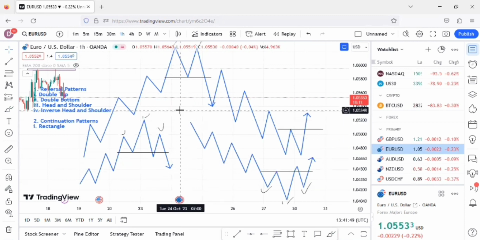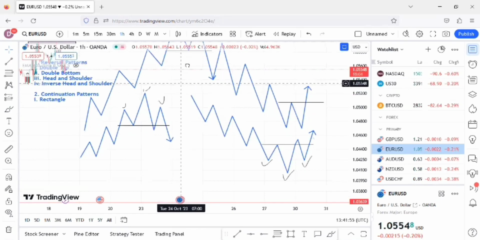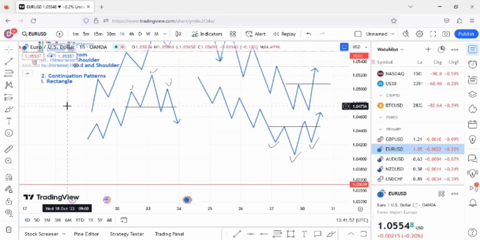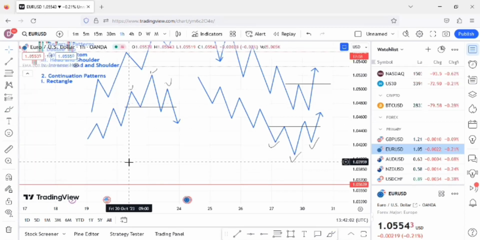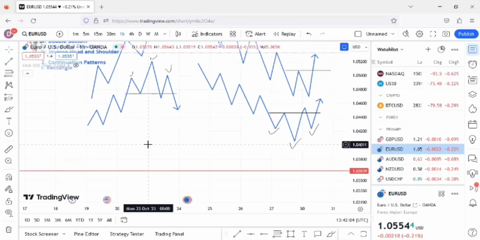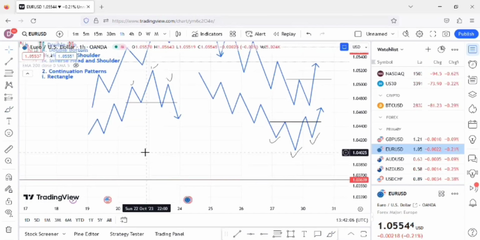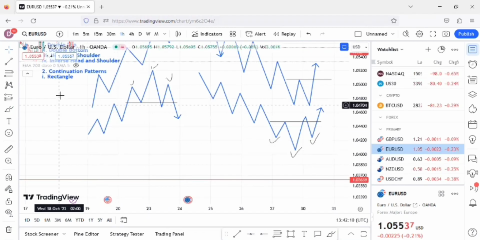Okay, then the next one that I'm going to talk about is the continuation pattern, which is the rectangle pattern. This one too you could find anywhere on the chart, and we call it a continuation pattern.